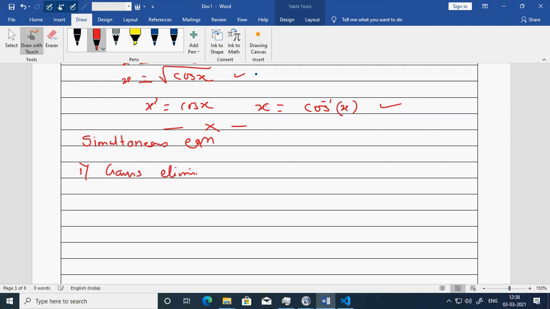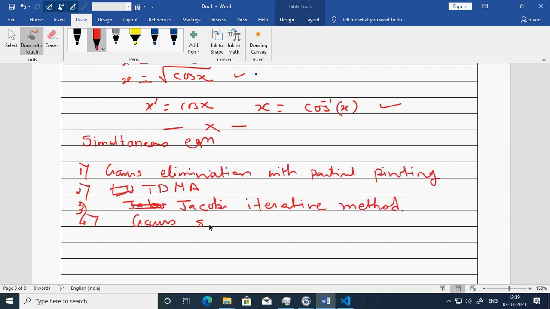Third one is Jacobi iterative method. And the fourth one is Gauss-Seidel method. Okay.